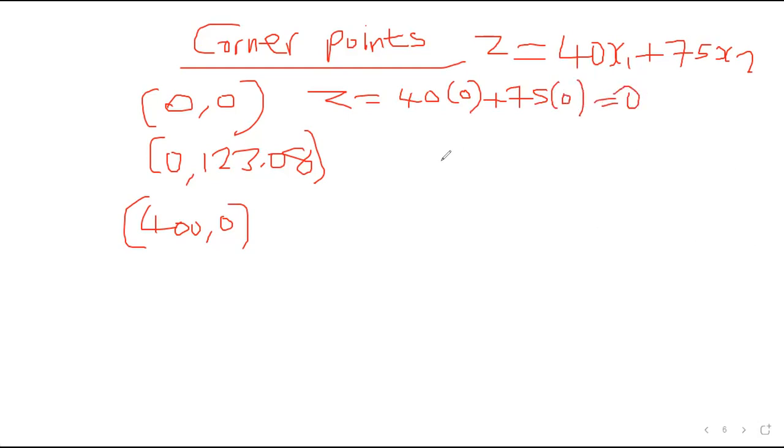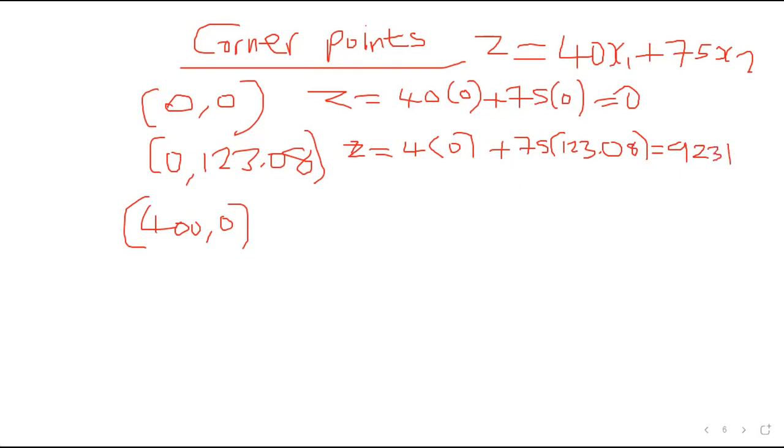Then the other one, Z is equal to 40 on 0 plus 75 on 123.08. So 75 times 123.08 is giving us 9,231.